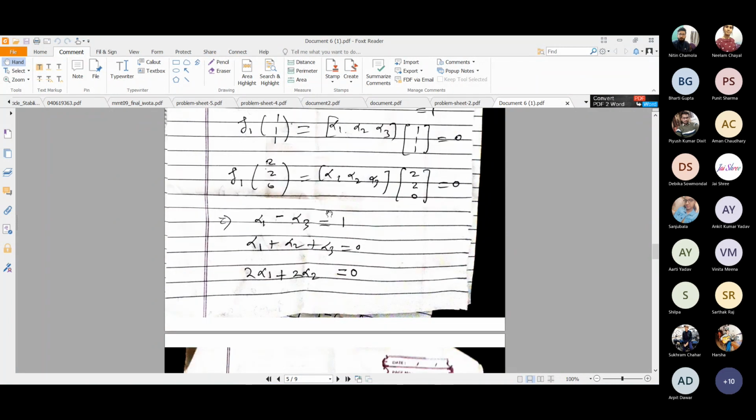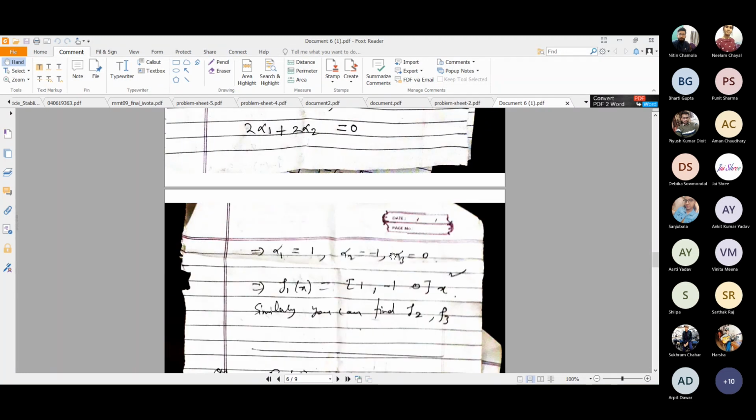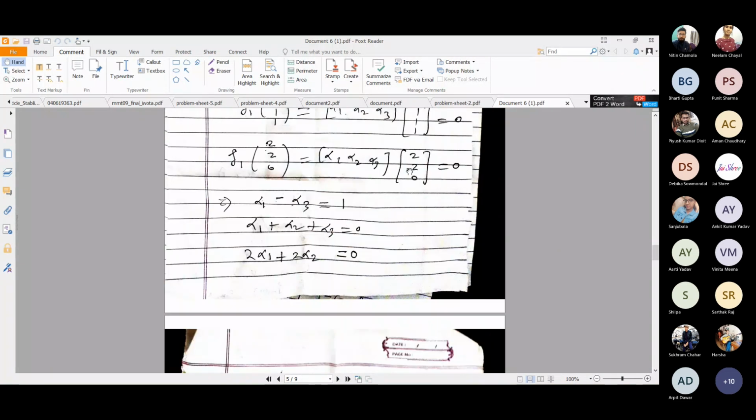So you have this kind of linear system in terms of these 3 variables, alpha 1, alpha 2, alpha 3. You can find these values, and so this is your functional f1, which is an element of the dual basis. And similarly you can find f2 and f3; that you have to solve.